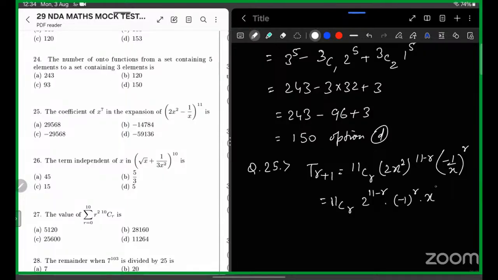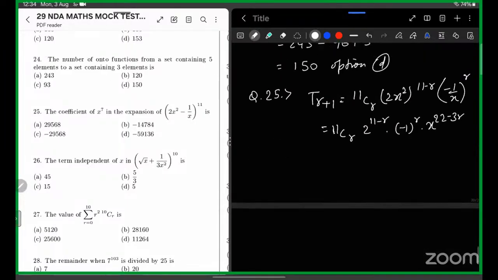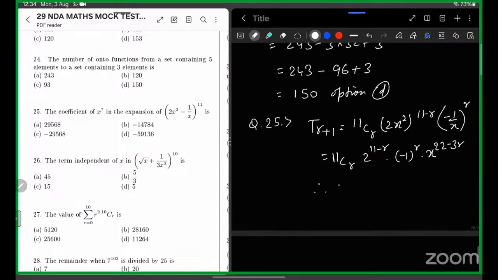Next, x raised to power 22 minus 2r minus r, that is 22 minus 3r. Okay, fine. Now they are saying that x power should be 7. Therefore, equating x power 22 minus 3r with 7, we are going to get 3r equal to 15, so r equal to 5.